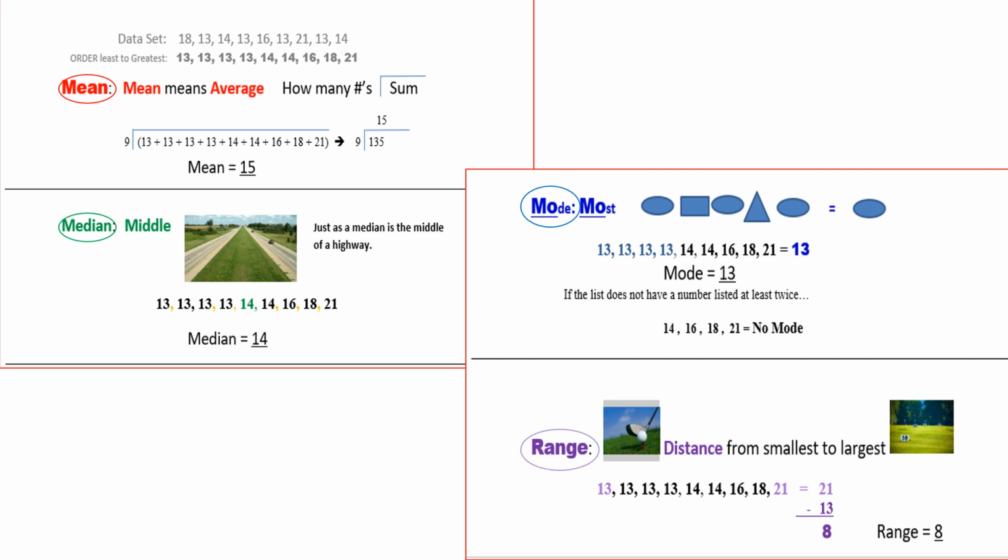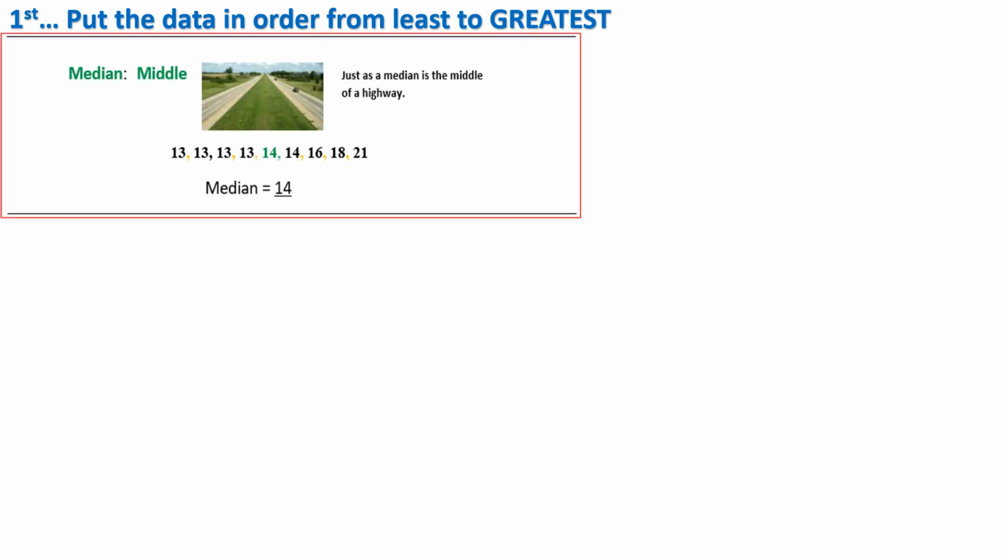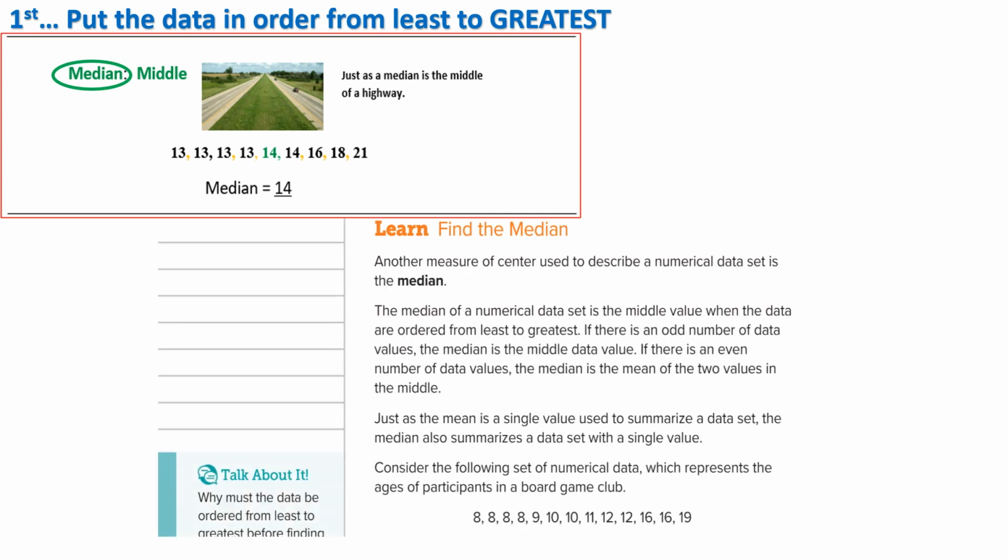That's going to be vital in order to do these correctly. So as we get into these examples, make sure that we follow that first step. We're going to put in our information from least to greatest. So in this example, they have them already listed for us in least to greatest, so that makes the idea of finding the median much easier. So really what I do is I cross off one at the beginning to the far left, one at the end to the far right until I get to the middle.